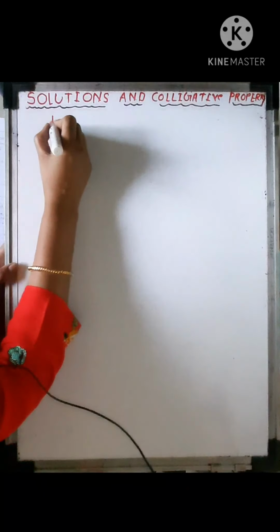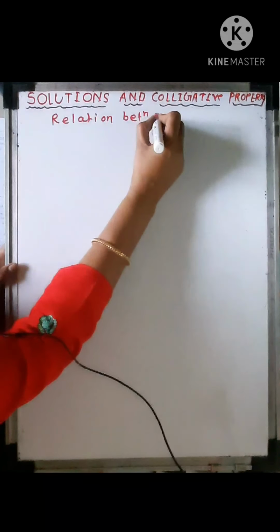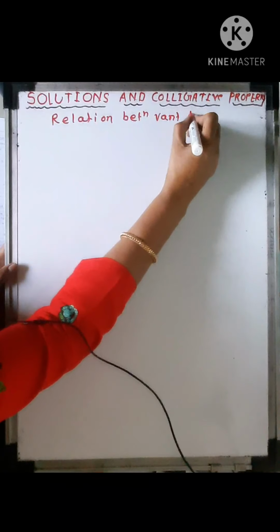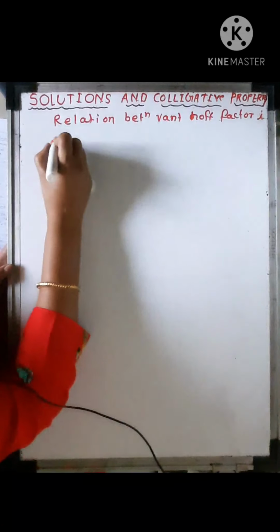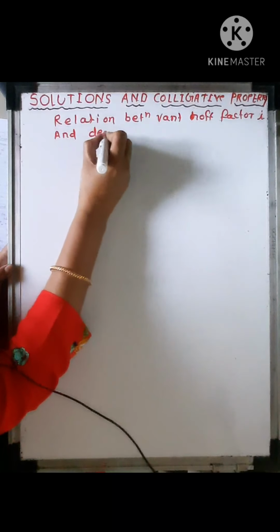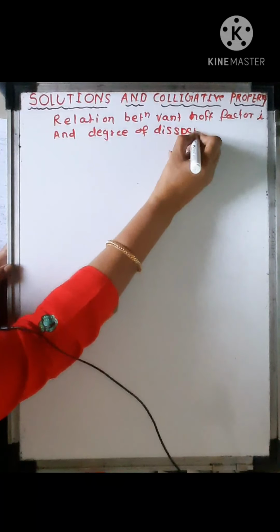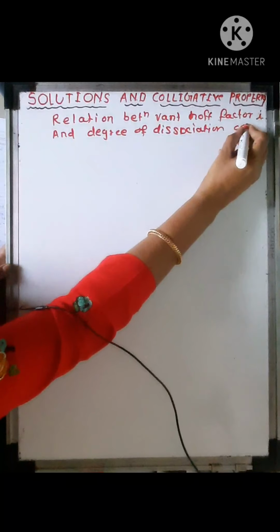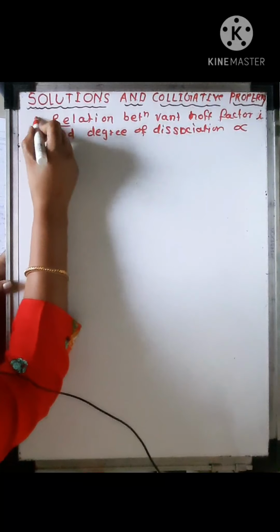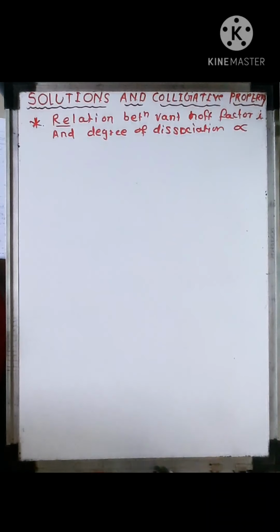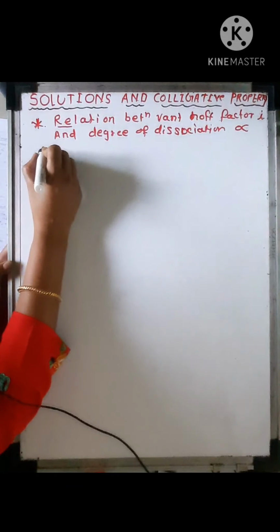So we have to derive the relation between Van 't Hoff factor, that is I, and degree of dissociation, that is alpha.